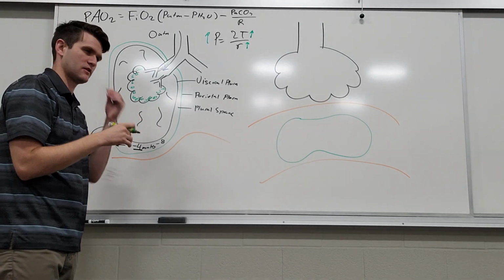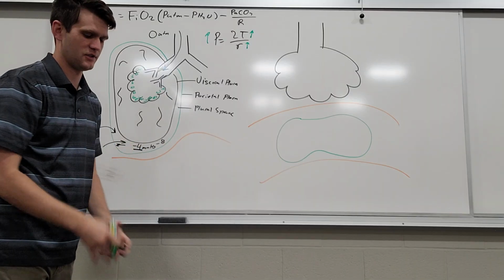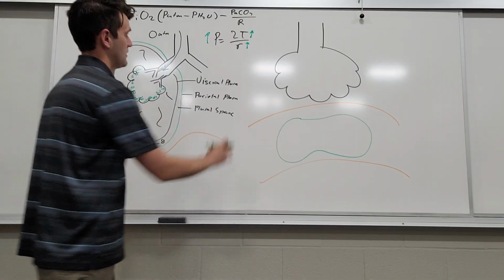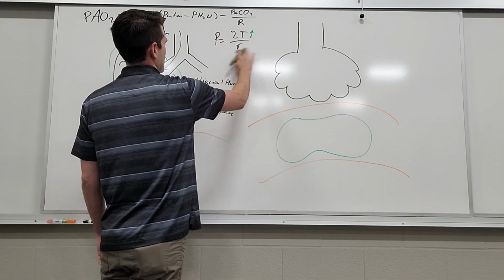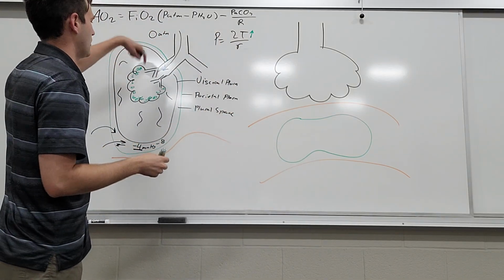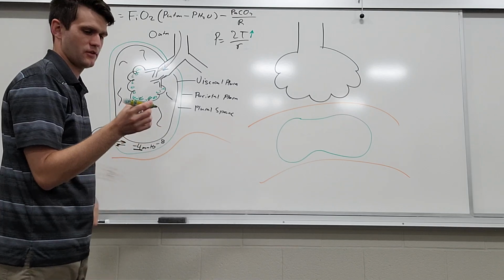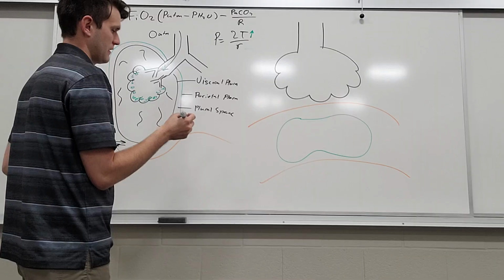Radius is smaller, pressure is going to be bigger. But we just can't go into our alveolus and change the size of the alveolus. So really all we can affect is tension, okay? So we need to bring that tension down in order to make our pressure go down to have a gradient here.